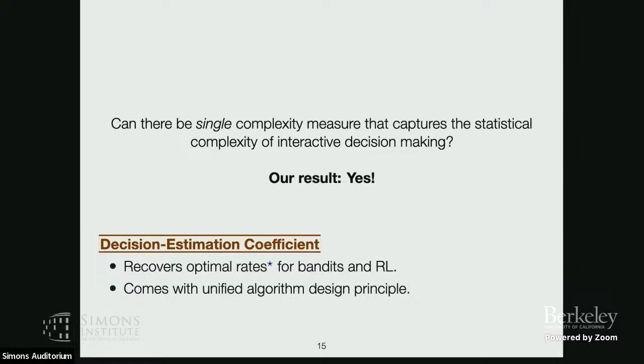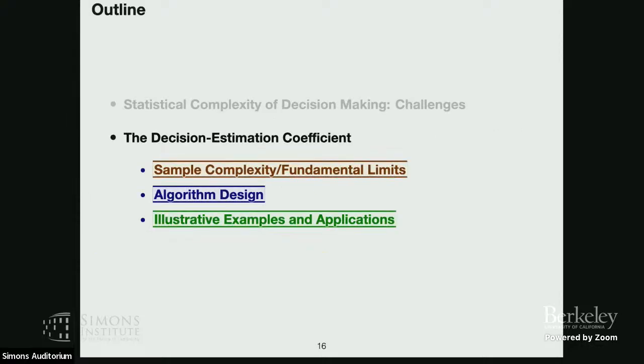We have a new notion of statistical complexity that is necessary and sufficient for low regret in these general decision-making settings. And beyond giving a unified notion of statistical complexity, this is going to come with a unified algorithm design principle. Okay, so I'm going to dive into this.